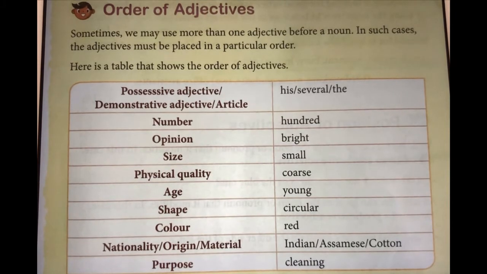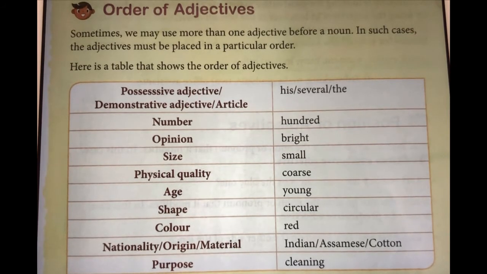Then if you have any purpose, you will write the purpose at the last. Purpose, as in it can be cooking, it can be cleaning, it can be hammering, it can be doing anything. It can be any kind of purpose. So if you write the adjectives in this order, it will be correct. And other than that, if you write in disorder, it will be counted as a wrong answer.